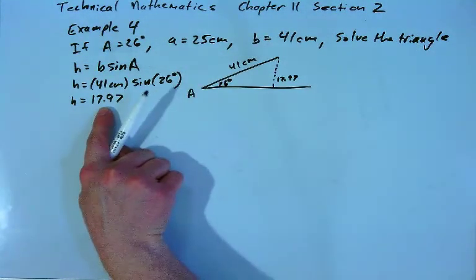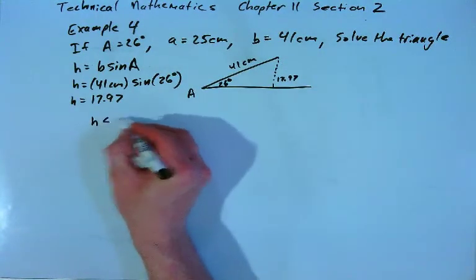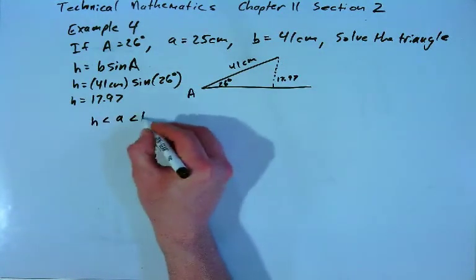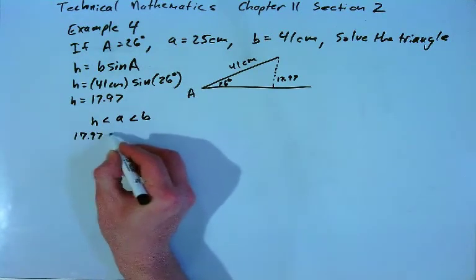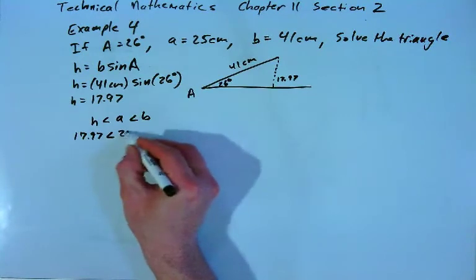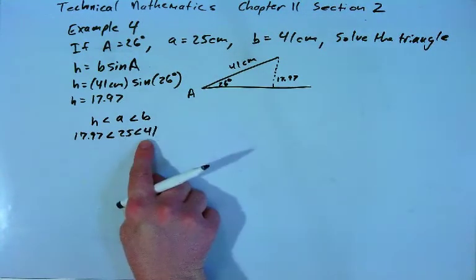That's bigger than H, but it's smaller than B. And so H is smaller than A, and A is smaller than B. So in other words, H is 17.97. That is smaller than 25, and that is smaller than 41. This is case A, in which we have two possible solutions.